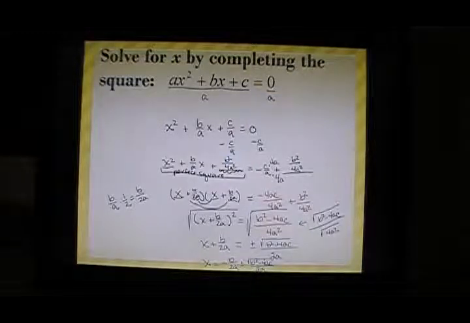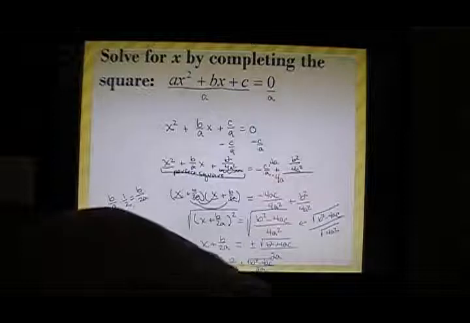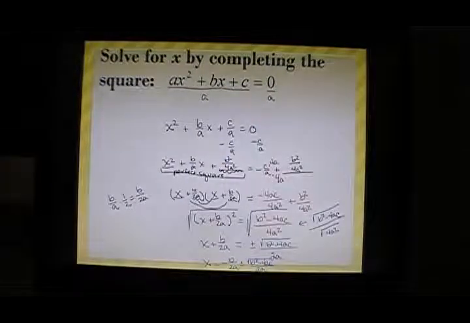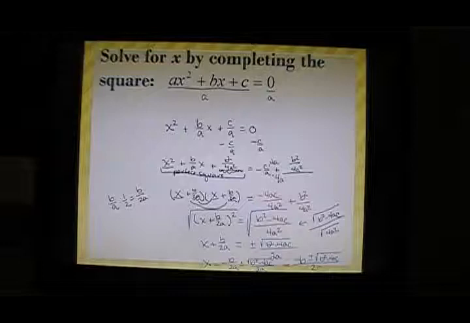And like we were dealing with before, since we have a common denominator, we can go ahead and rewrite that as a single fraction. And so we have x equals the opposite of b plus or minus the square root of b squared minus 4ac all over 2a, which is the quadratic formula.